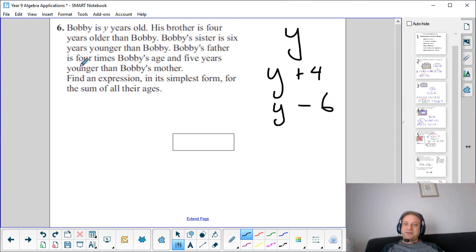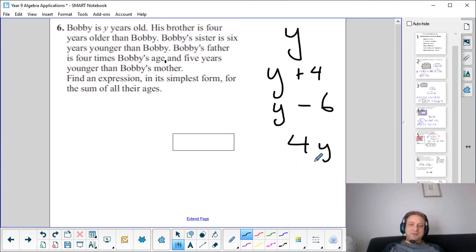Bobby's father is 4 times Bobby's age, and he's 5 years younger than Bobby's mother. So we'll get to the mum in a minute, but Bobby's father is 4 times Bobby's age. Put a comma there to show we're done reading about the dad, really. So that's just 4y, right? 4 times as much. Now it does say here that Bobby's father is 4 times Bobby's age, but he's 5 years younger than Bobby's mother.